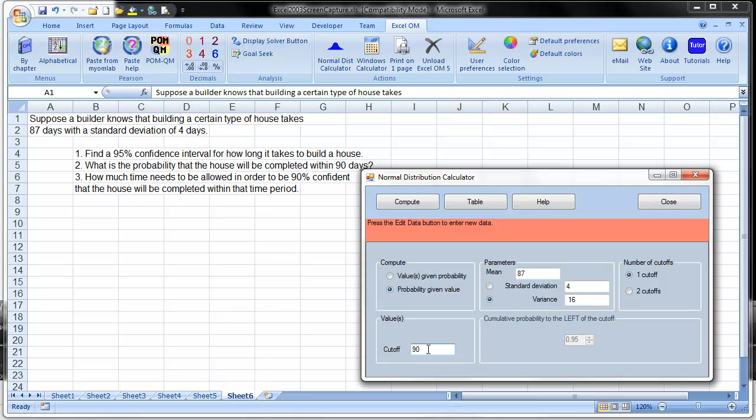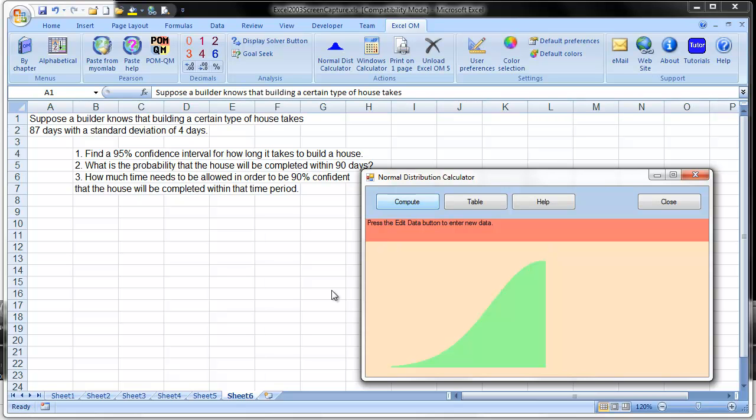The cutoff is 90 days, and we don't worry about the probability because we're going to find the probability. We hit Compute, and once again, a normal distribution picture is drawn for us, showing us that 77.34% of the curve lies to the left of 90, and 22.66% lies to the right of 90. So we're 77% confident that the house will be completed within 90 days.